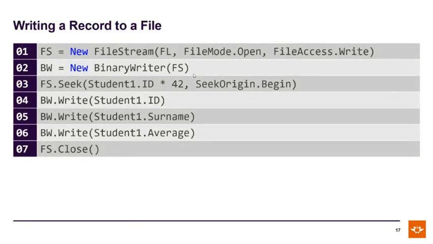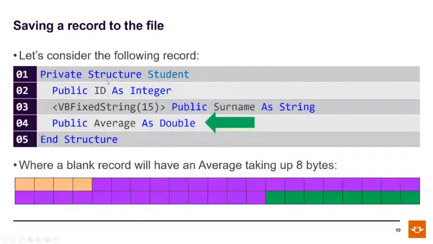So, when we start writing with this binary writer, the first thing you need to do is consider where this information is being stored. One of these pieces of information will be used as a key. It's also one of the reasons why we're using a record structure. The idea here is each record will have an identifier, something that will identify the information.